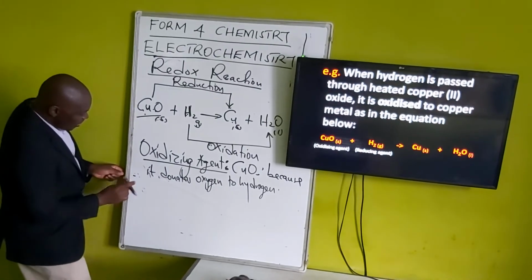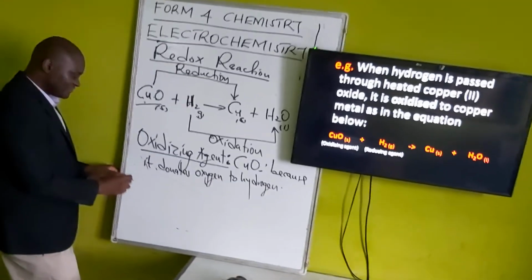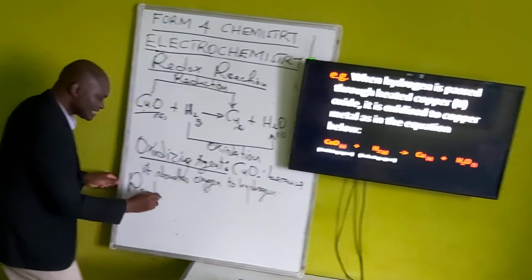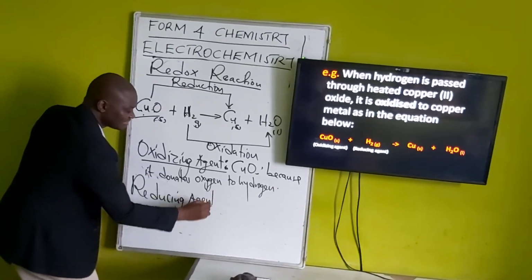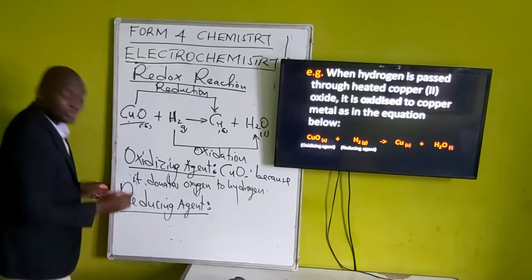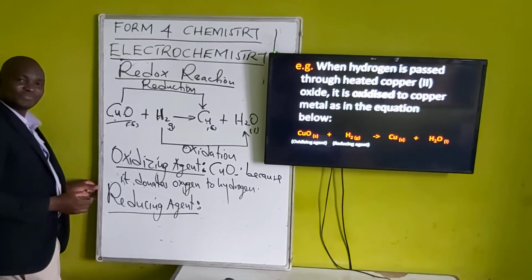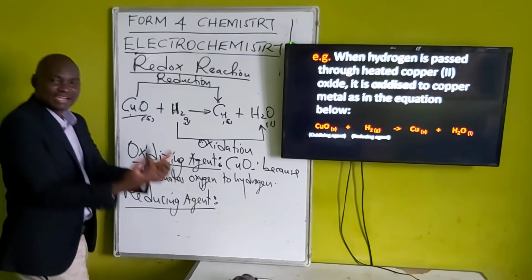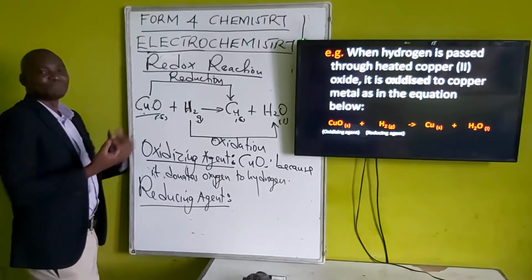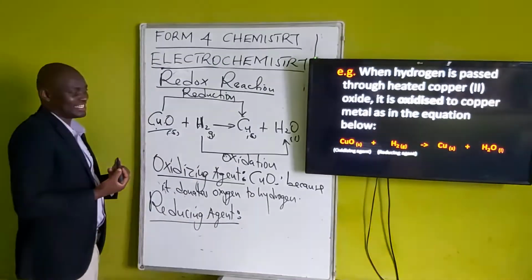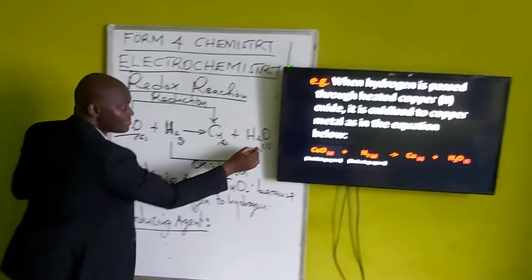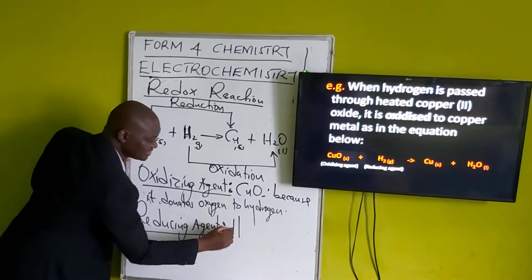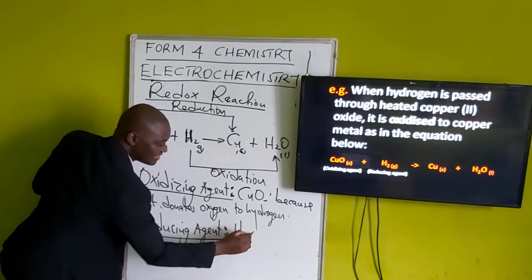Then we should also be able to identify reducing agents. So how do we identify a reducing agent? It is the substance that accepts oxygen. It gains oxygen. What is gaining oxygen here is hydrogen, forming water. So our reducing agent is hydrogen. And why?